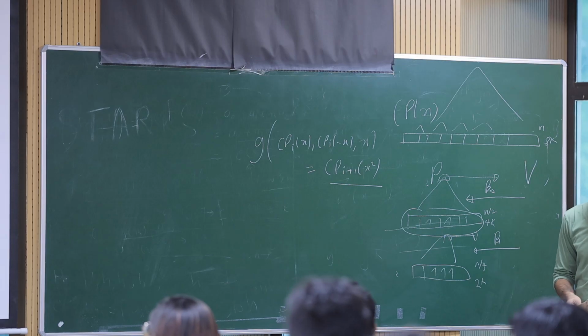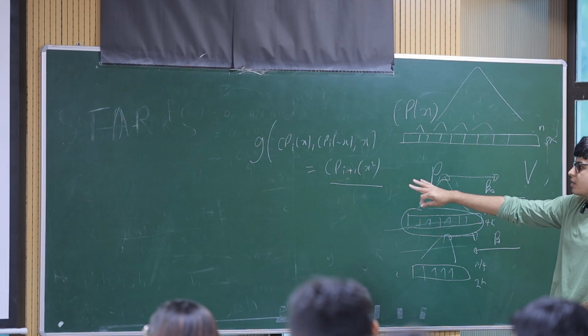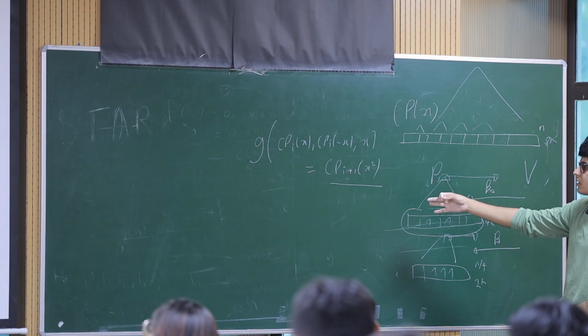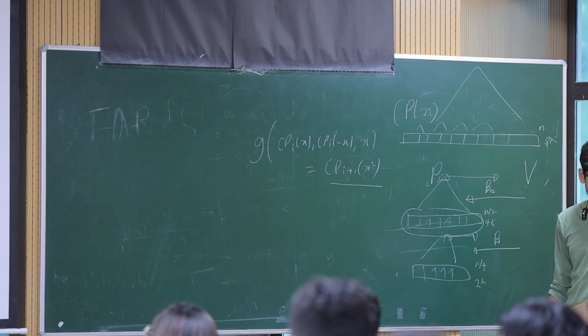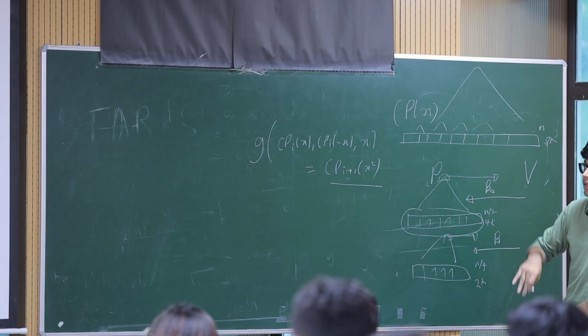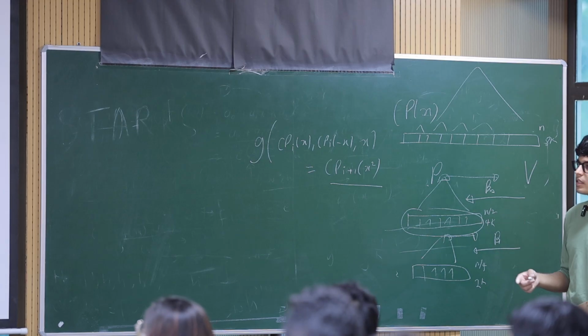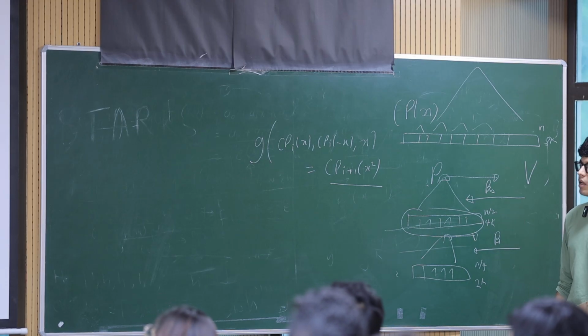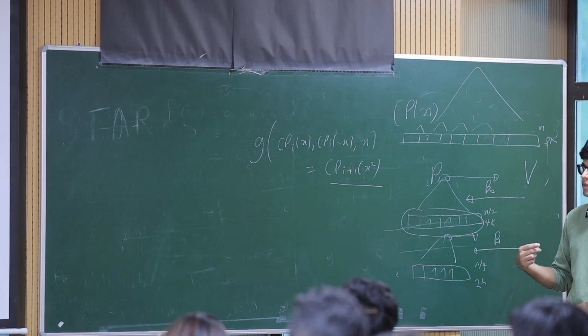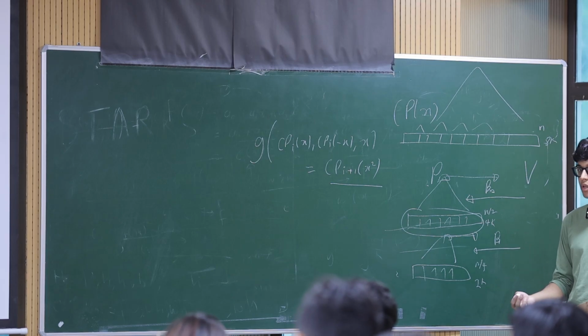So you just need Cpi of x, Cpi of minus x, and x. So this whole thing will continue. For the second step, if you have Cp1 of x squared and Cp1 of minus x squared, you can now use it to get the value of Cp2 of x raised to 4, and so on and so forth.